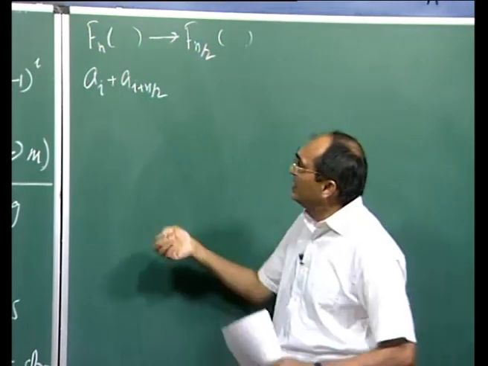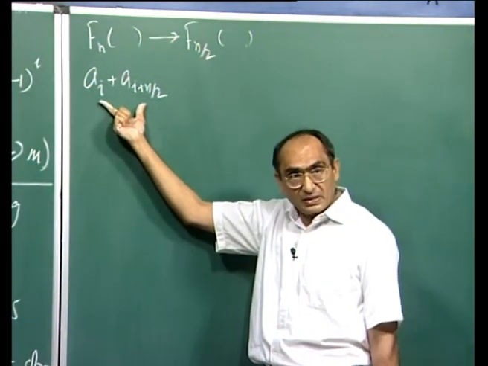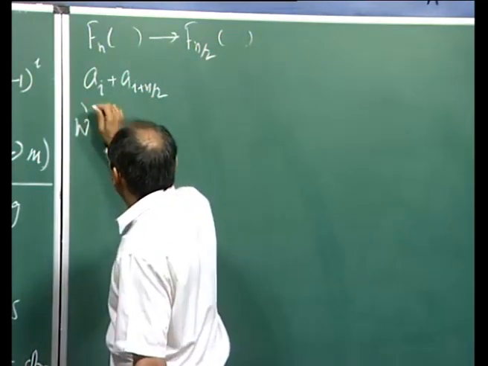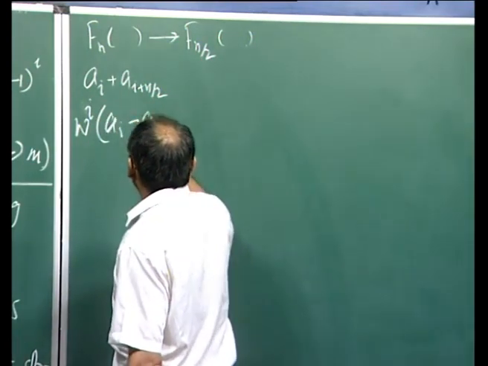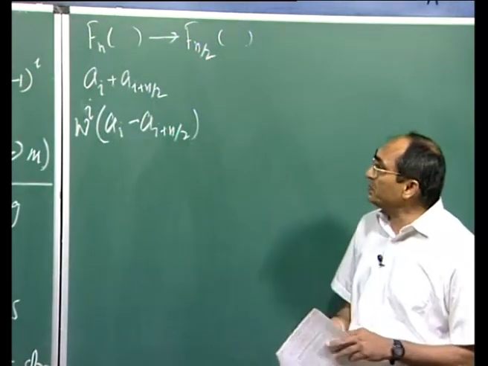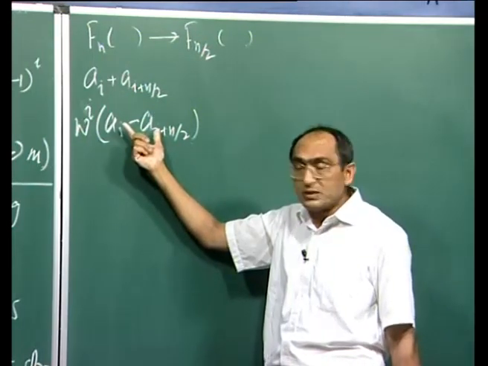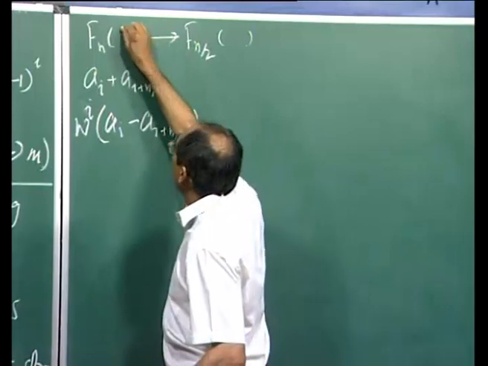This gave us one of the half size vectors. The other one was w power i times (ai minus a(i plus n by 2)). So in the entire process we were computing two new vectors, each of n by 2 size, starting from the vector of size n which was given to us.